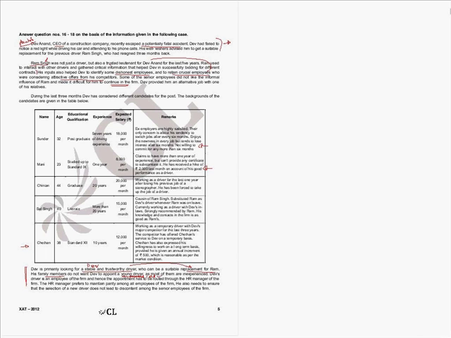Their driver is an employee of the firm and hence the appointment has to be routed through the HR manager of the firm. The HR manager prefers to maintain parity among employees of the firm. You also need to ensure that the selection of a new driver does not lead to discontent among the senior employees of the firm. So these are his decision parameters.